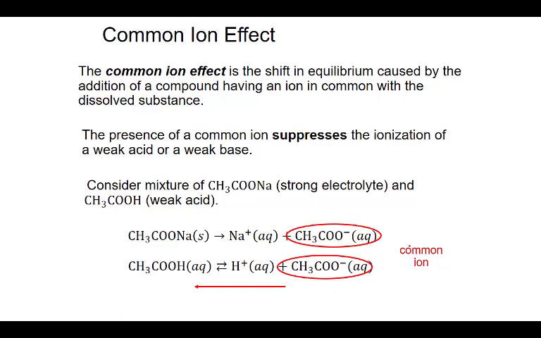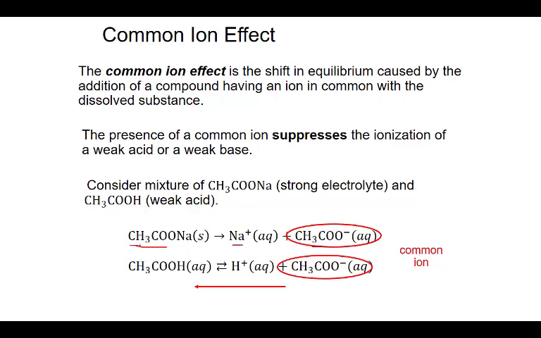Okay, now another topic is the common ion effect. Common ion effect is when a chemical, suppose this is sodium acetate, you put in the water and this dissociates into sodium and the acetate ion, okay, and then you put acetic acid in it. So two chemicals you are combining.